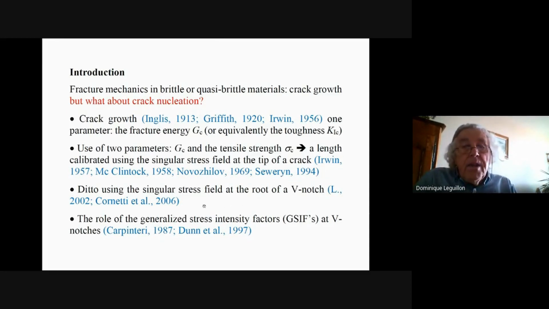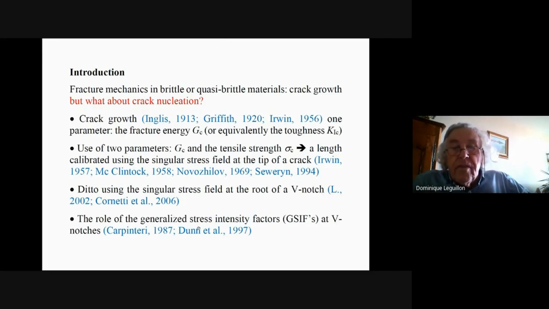Next, the coupled criterion finally emerges, to do the same, but using the singular stress field, not only at the crack tip, but at any sharp V notch. It's singular as well. It's not the same singularity as for a crack tip, but it's singular. It means stress increases to infinity. And then we need some distance here again to be able to have a measure of the stress.